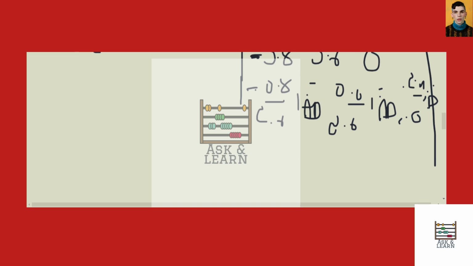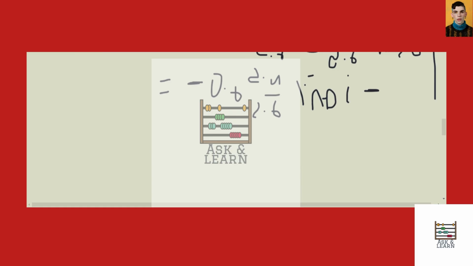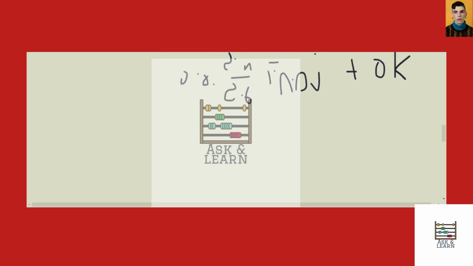And the solution of this determinant will give the answer minus 0.6 into 2.4 upon 2.6 FAD i minus 0.8 into 2.4 upon 2.6 FAD j plus 0k. The same way, the solution of the second term that I am writing directly now.